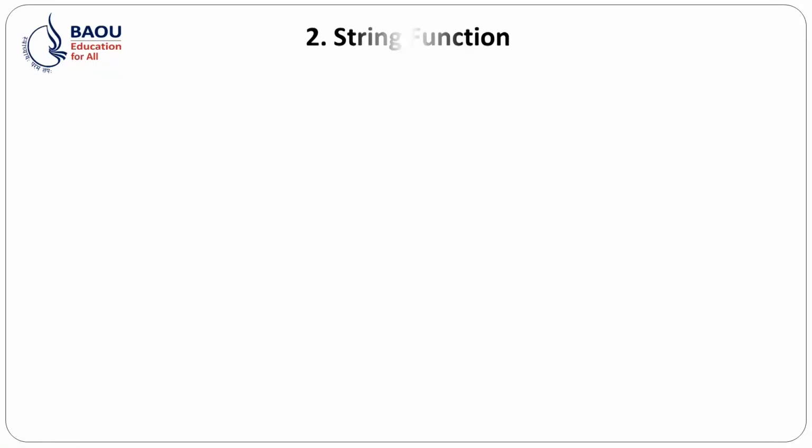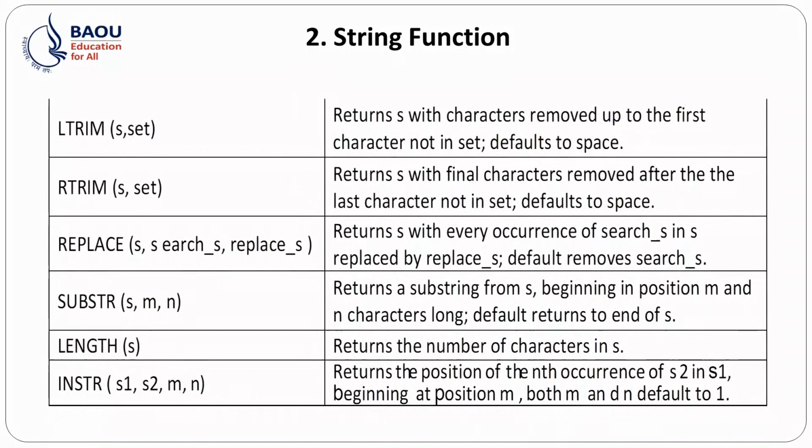See, here LTRIM removes characters from the left side of the set. Now RTRIM is the right trim. It removes characters from the right side. REPLACE replaces the characters. And SUBSTR gives a position, like first position is m and second position is n.